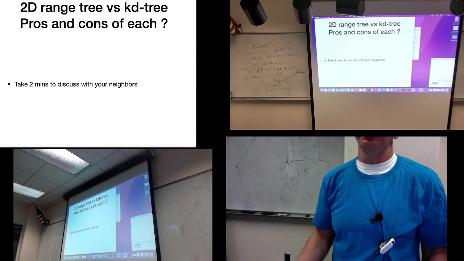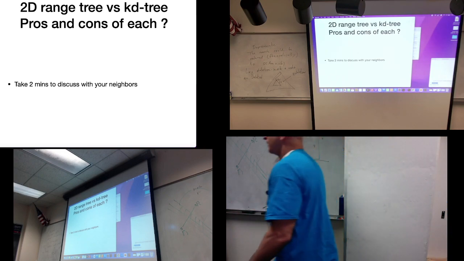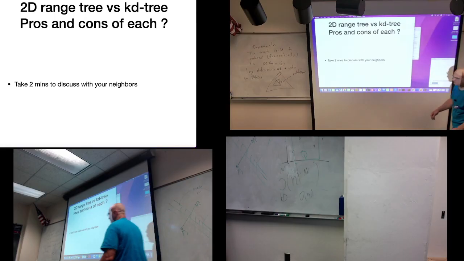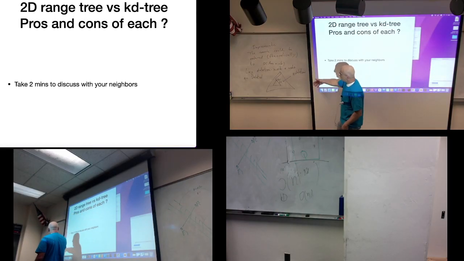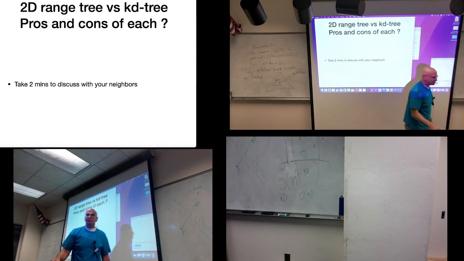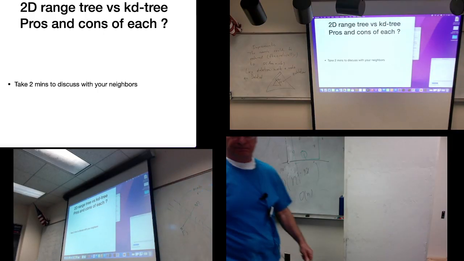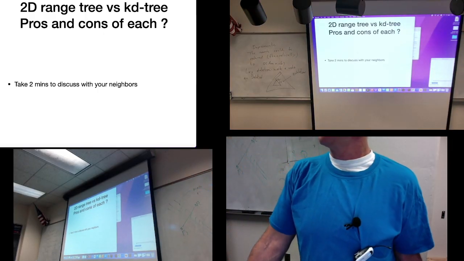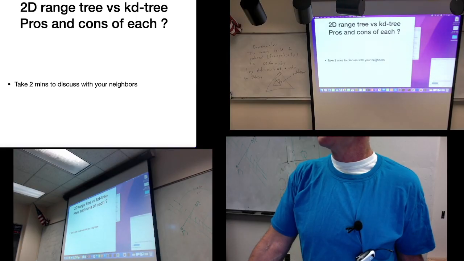Plus, if you want to print the points explicitly, it will take constant time per every point that you print. So it's close to optimum. If you're using this trick called fractional cascading, then you can squeeze it into log n. Without this trick, it's log square n. It's actually the optimum with a log n.